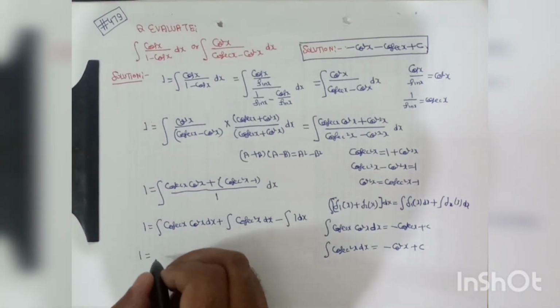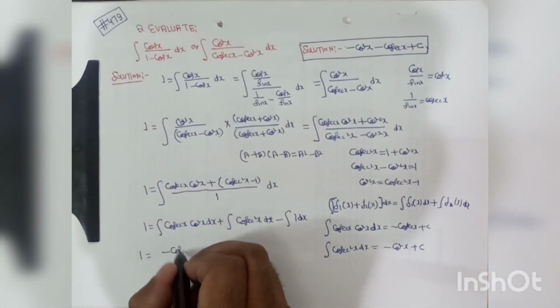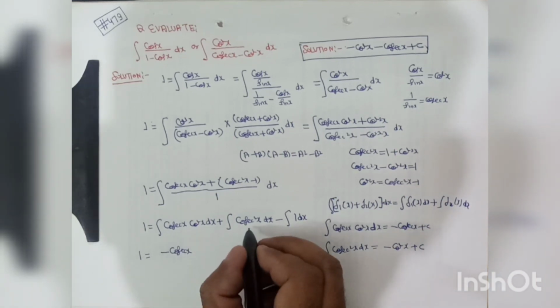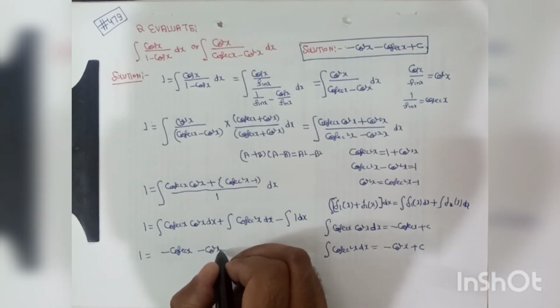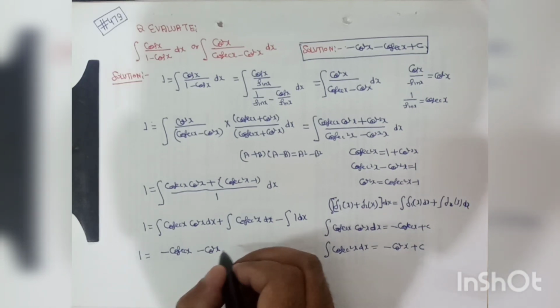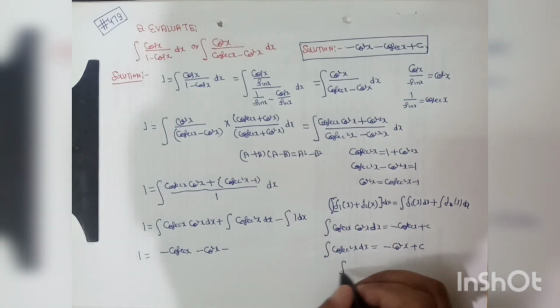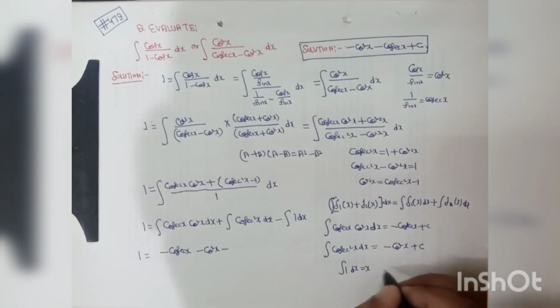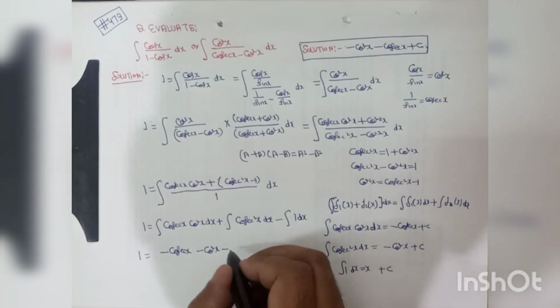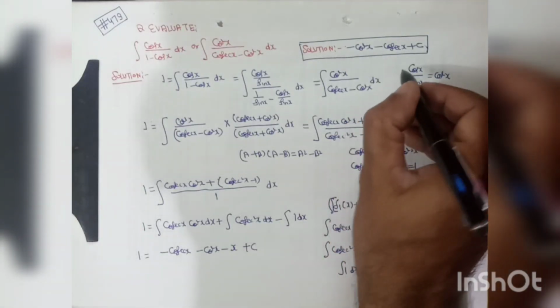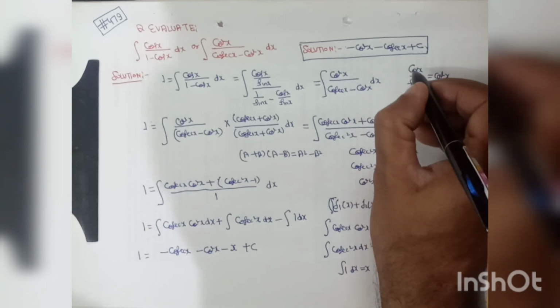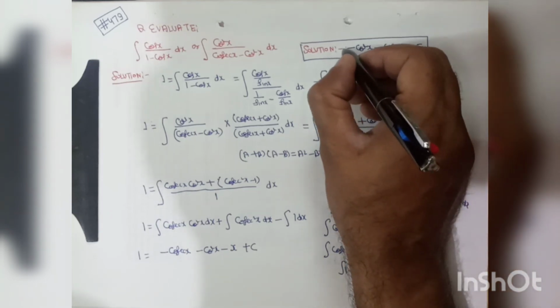So this may be written as minus cosec x, integration of cosec square x we may write as minus cot x, minus x, since integration of 1 dx is equal to x plus c. So this may be written as minus cosec x minus cot x minus x plus c.